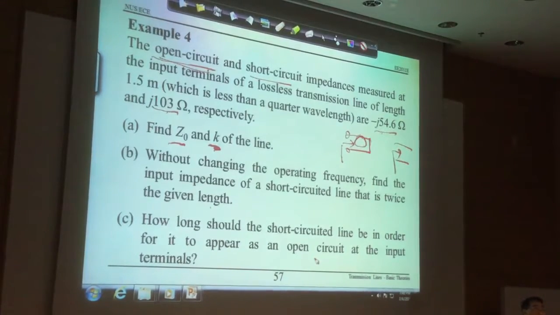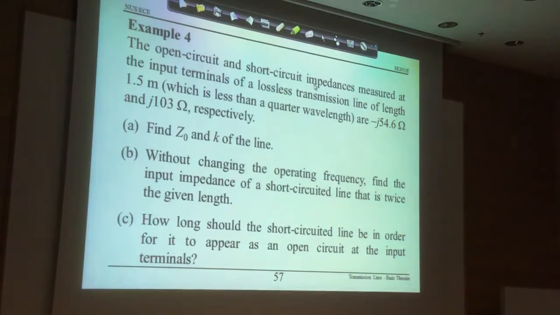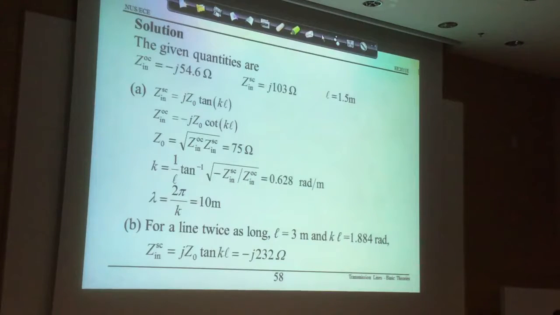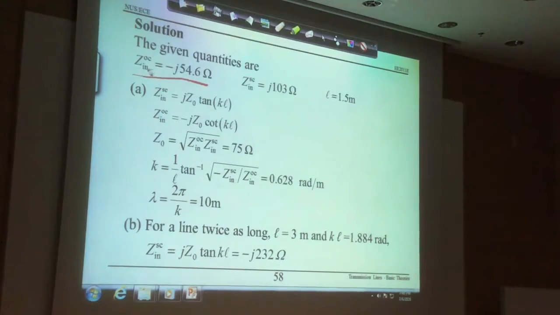Okay, from short circuit to open circuit, what wavelength should it travel? Okay, from the given equation, from the previous equation, short circuit input impedance, sorry. These are given quantities: input impedance for open, short, and the length.